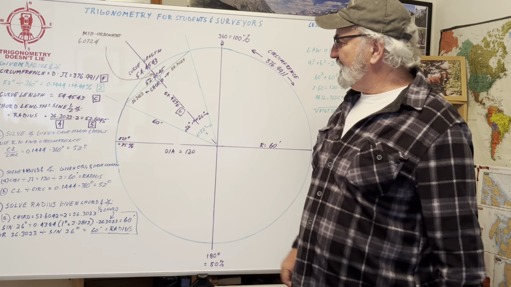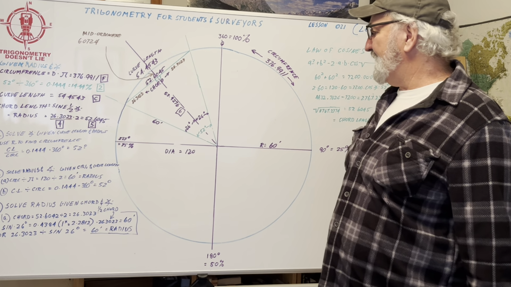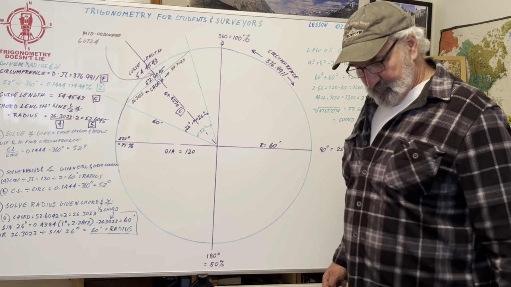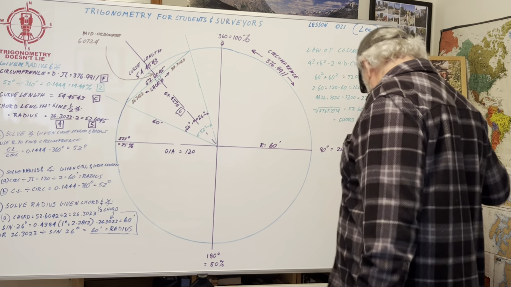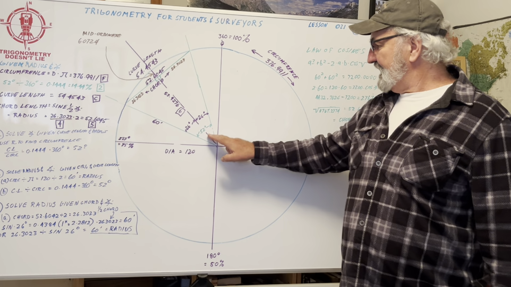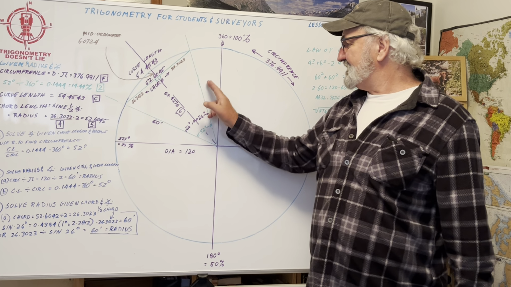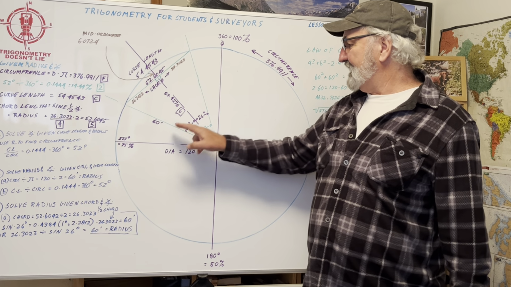Now we'll go back to another lesson after we got through most of the right triangles. We did some oblique triangles. And over here we have the law of cosines. That's another way, if you have the angle and the distances. When we did the law of cosines, our distances were different. They don't have to be the same.